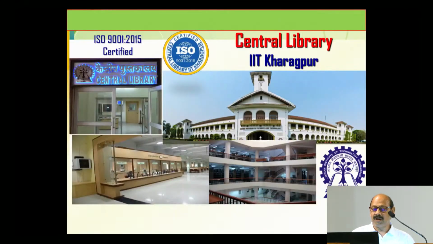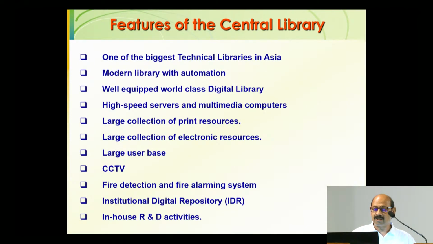And then we have high-speed servers, multimedia computers, a large collection of print resources, and a large collection of electronic resources which can be accessed from anywhere, any place. Even if you are in your home, from there also you can access. I'll show you how you access it remotely.